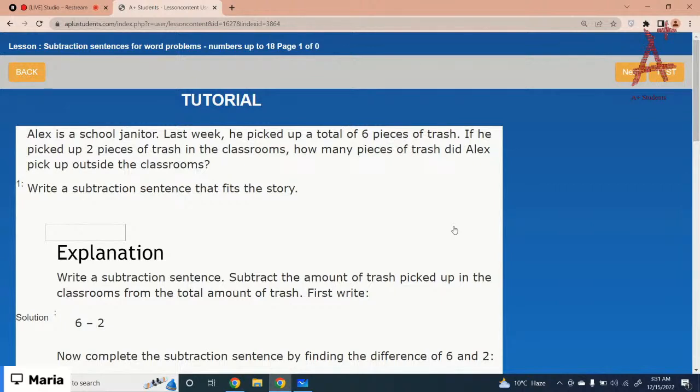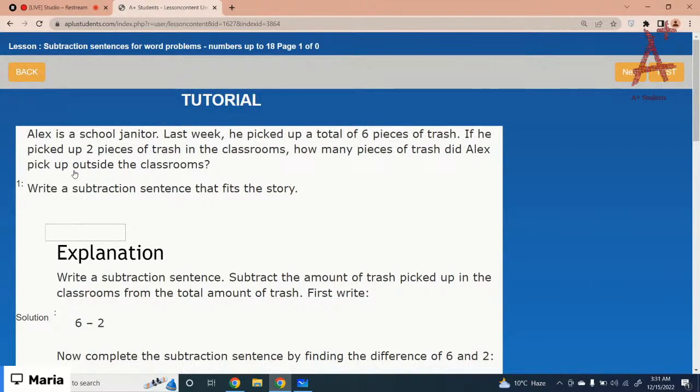Alex is a school janitor. Last week, he picked up a total of 6 pieces of trash. If he picked up 2 pieces of trash in the classroom, how many pieces of trash did Alex pick up outside the classroom? Write a subtraction sentence that fits the story.